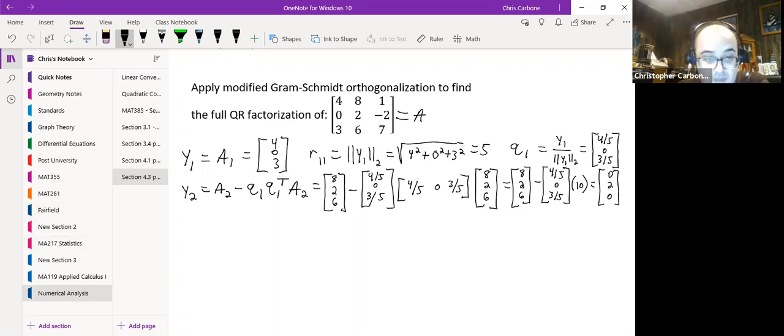So we can build q sub 2 to be y sub 2 divided by the norm of y sub 2.